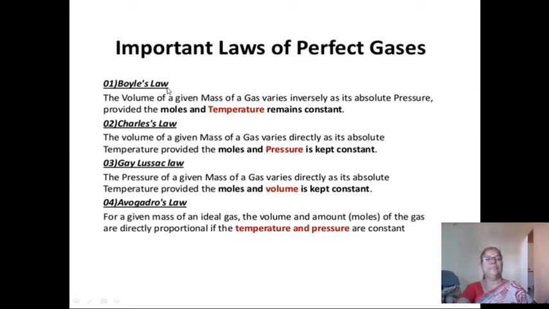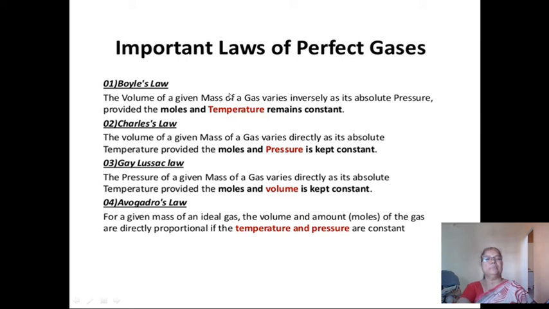Okay, so let us see in short the ideal gas laws. The first law is Boyle's law, and Boyle's law is stated as: the volume of a given mass of a gas varies inversely as its absolute pressure, provided the moles and temperature remain constant.